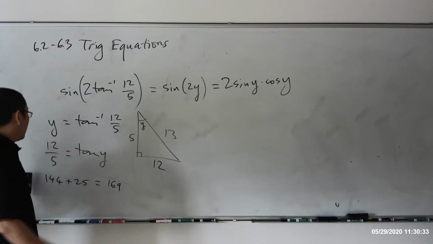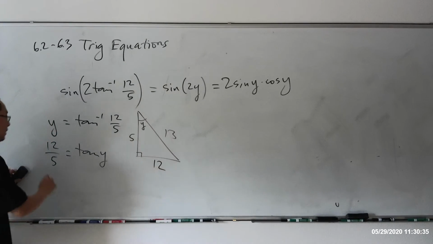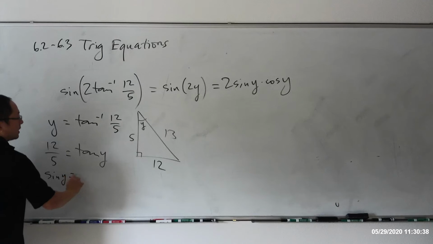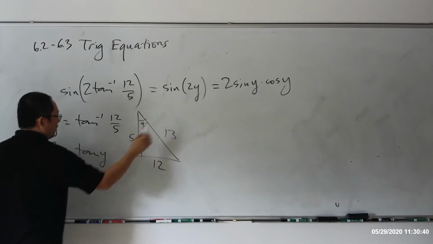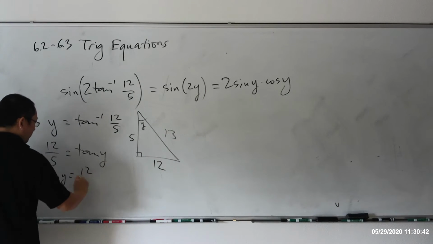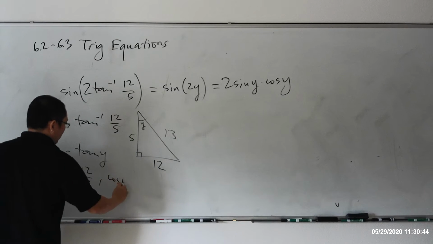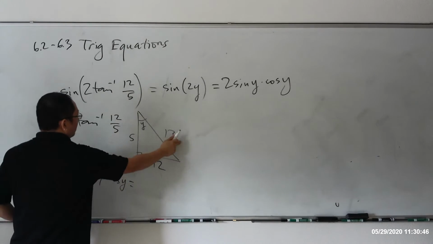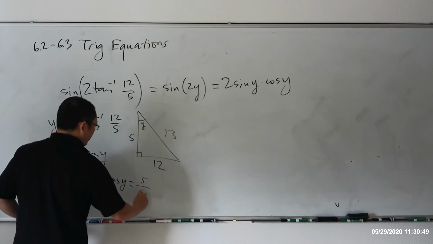So I can calculate sine and cosine. Sine of y, sine is opposite over hypotenuse, so 12 over 13. And cosine of y is adjacent over hypotenuse, so 5 over 13.